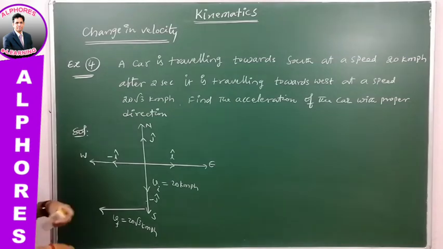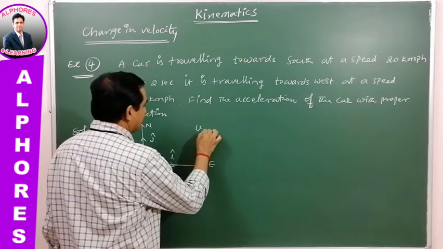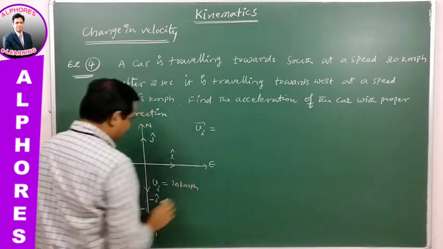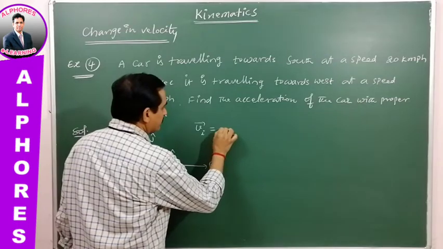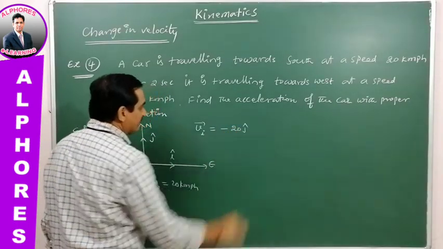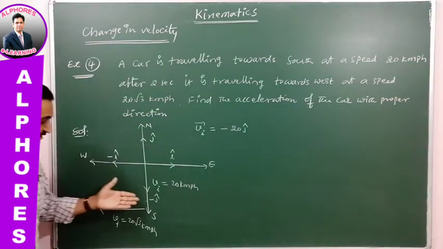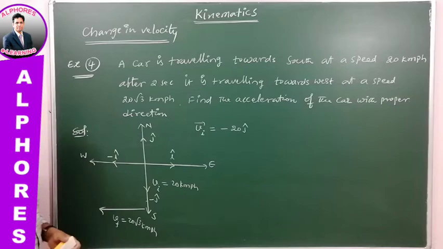Let us develop the vector form of the velocities. Initial velocity is minus 20 j cap, because negative y direction gives the direction of south.